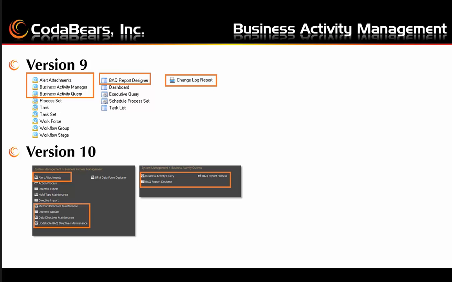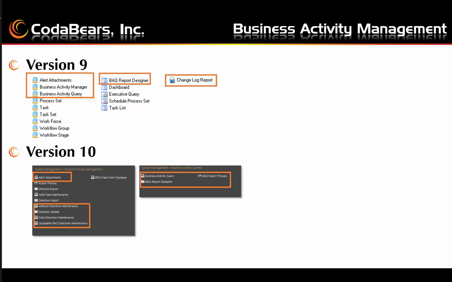In version 9 here, we show the business activity management menu item, and then the sub-menu items are broken up into the setup area in the first column, the general operations in the second column, and the report submenus in the third column.